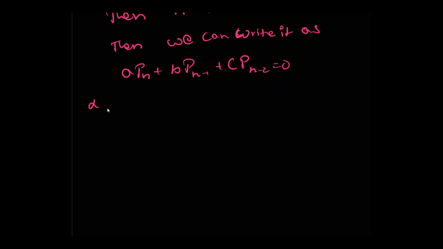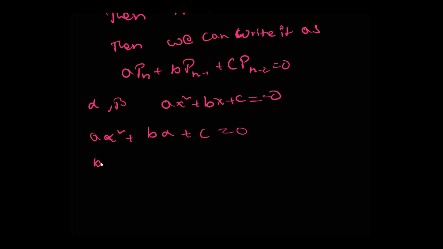We know that alpha and beta satisfy the equation ax square plus bx plus c equals to 0. Now substitute alpha and beta in the equation. We get a alpha square plus b alpha plus c equals to 0, and a beta square plus b beta plus c equals to 0. Now multiply them by alpha power n minus 2 and beta power n minus 2 respectively.